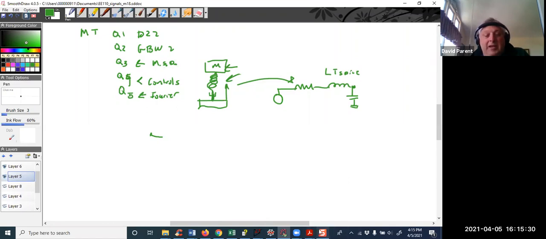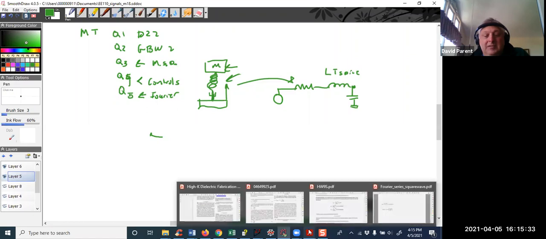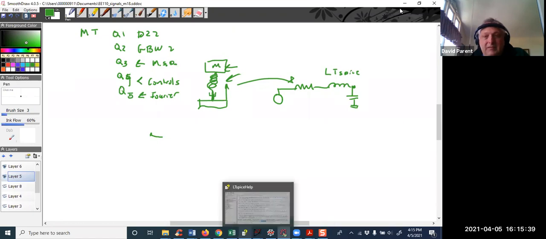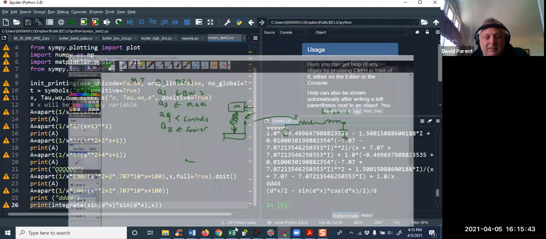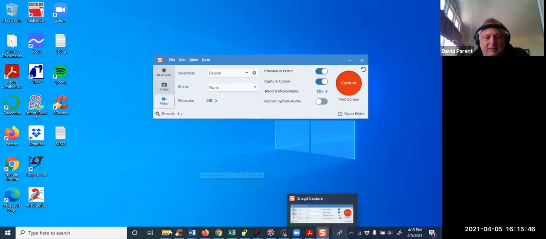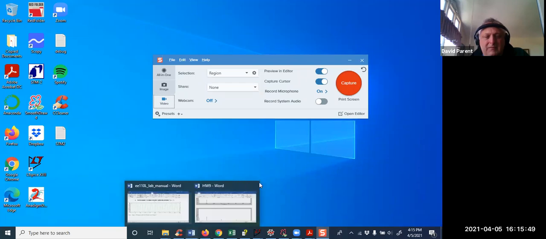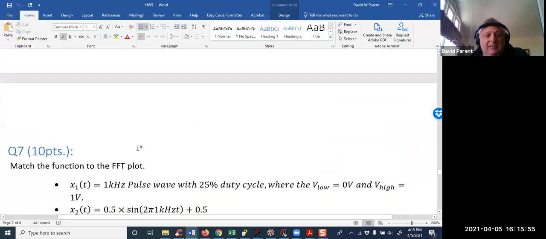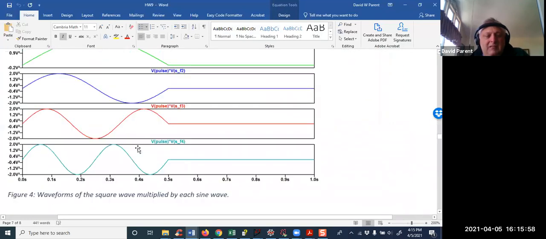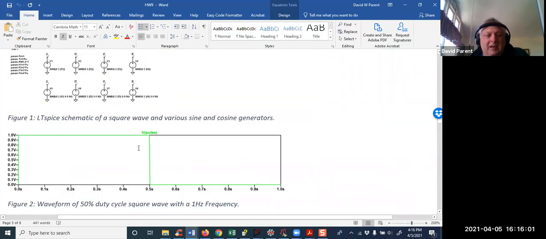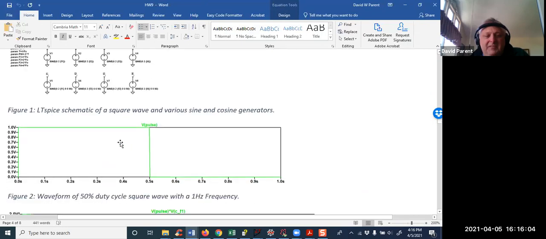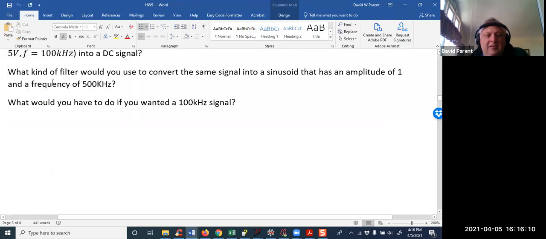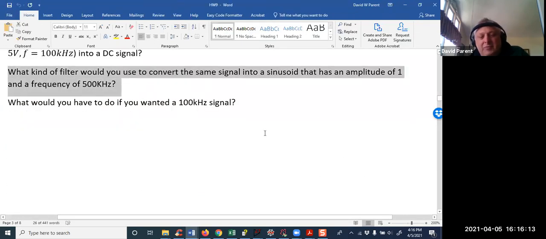And for the Fourier questions I've used in the past, I've used questions like 7, and then 5, but also these: what kind of filter would you use if this were the case?